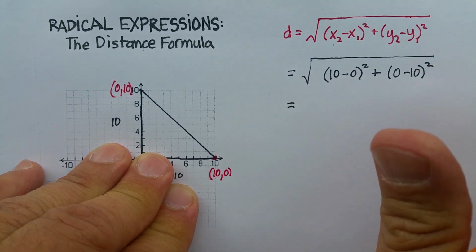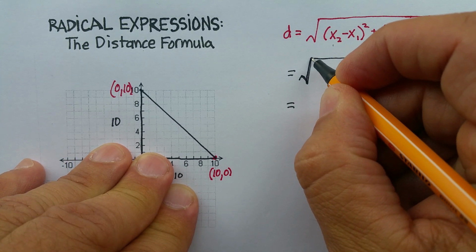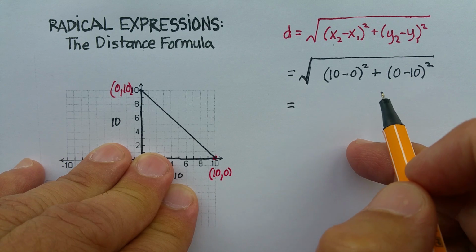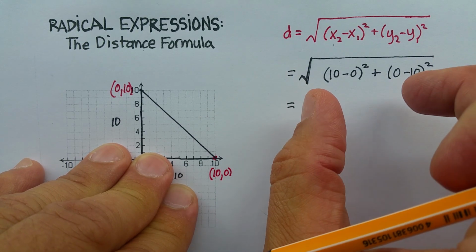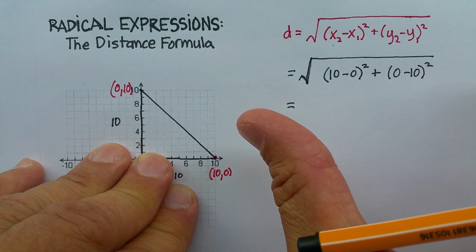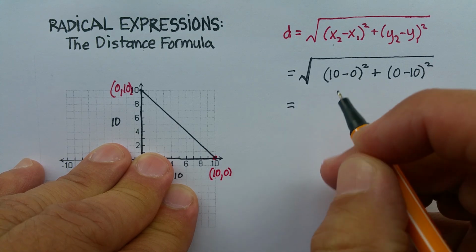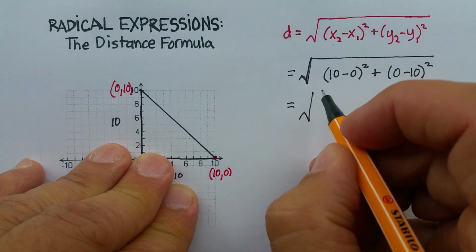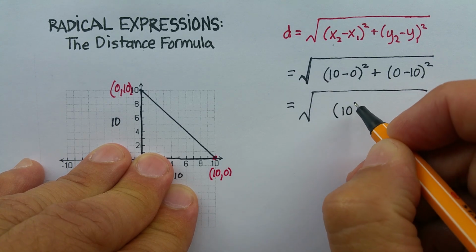Now let's follow PEMDAS really closely. One thing to remember is that the radical sign is actually a grouping symbol itself, like a larger grouping symbol. And in PEMDAS, you're always supposed to go to the innermost grouping symbols first and work your way outward. So the innermost grouping symbol is 10 minus 0. That's just going to give me 10, and then again, quantity squared.